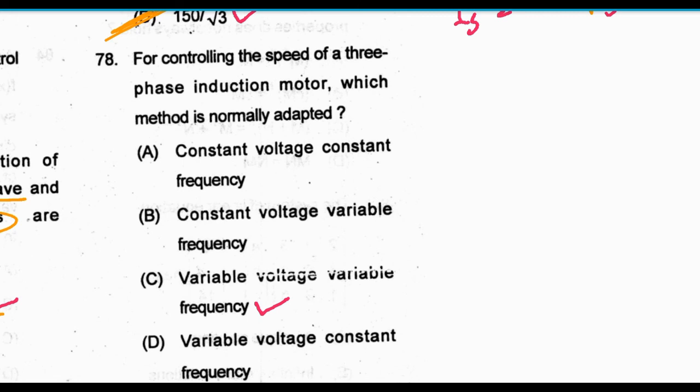That means from the stator portion we can change both the supply voltage and also the frequency, because if frequency changes, Ns, that is the synchronous speed, will change, and also the induction motor running speed will change. And if we change the voltage, there are different methods of changing the voltage, we can also change the speed. So here both variable voltage and variable frequency are considered.